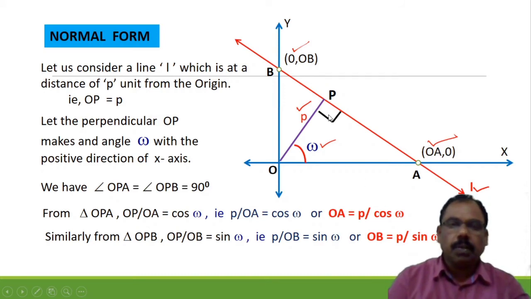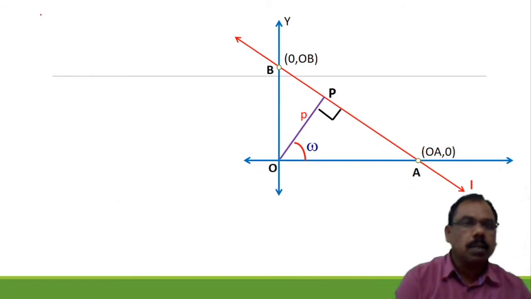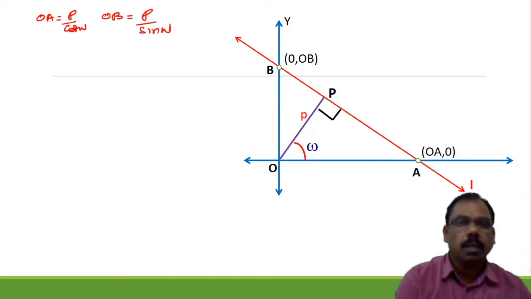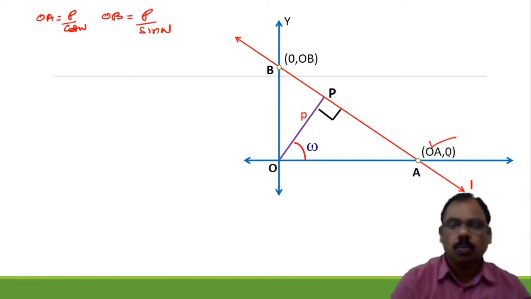That means we are taking two triangles OPA and OPB, in which OA is equal to p by cos omega and OB is equal to p by sin omega. Hence, we proved that OA is equal to p by cos omega and OB is equal to p by sin omega.